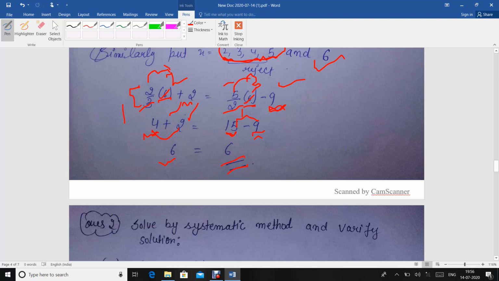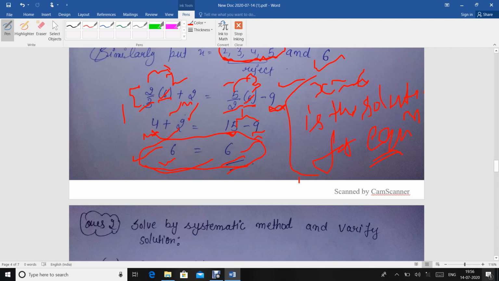Now after putting 6 at the place of x, you will get 6 on the left hand side as well as on the right hand side, means left hand side is equal to right hand side. So we can say that x is equal to 6 is the solution for the given equation.